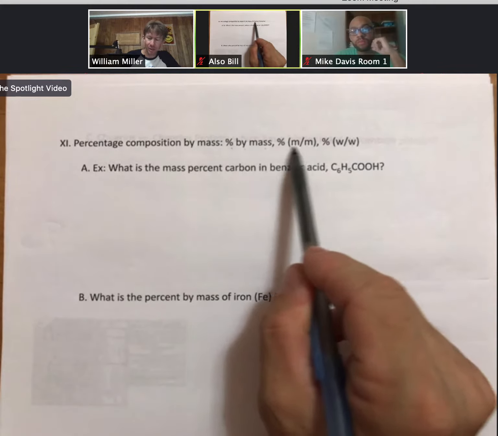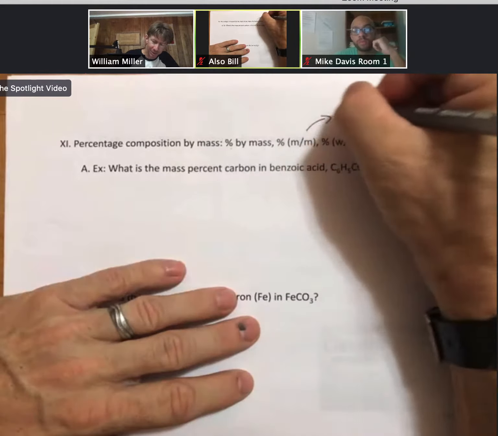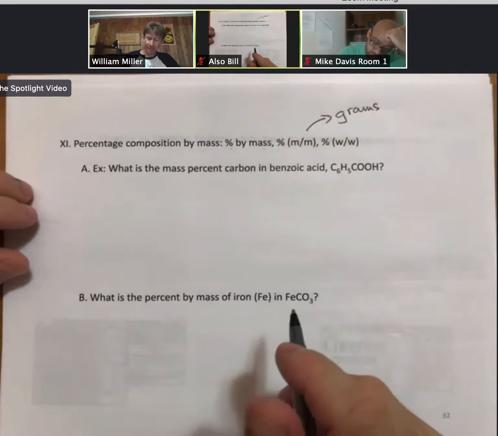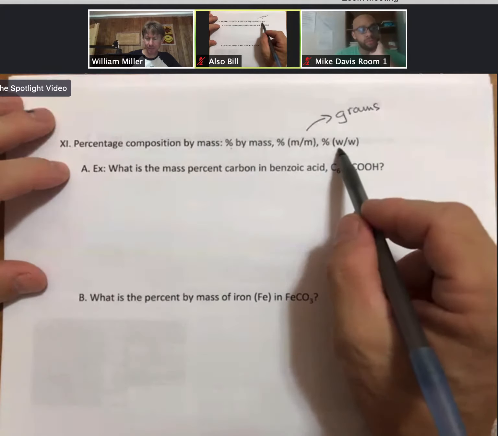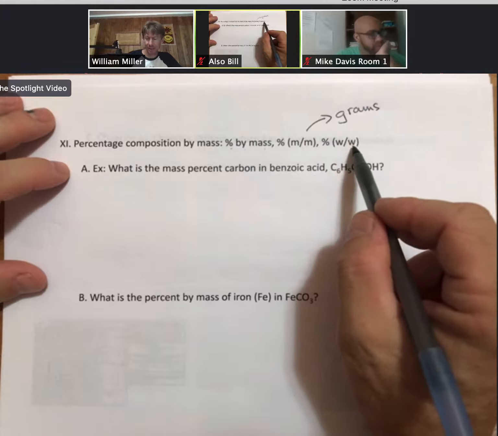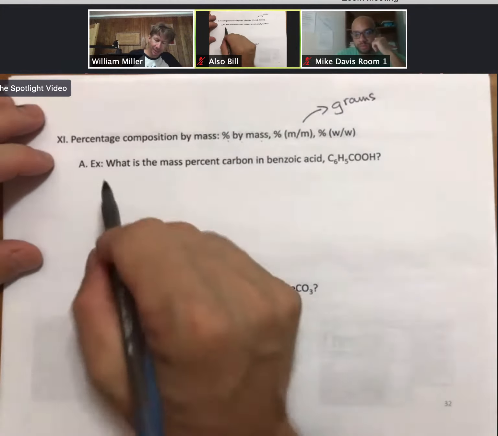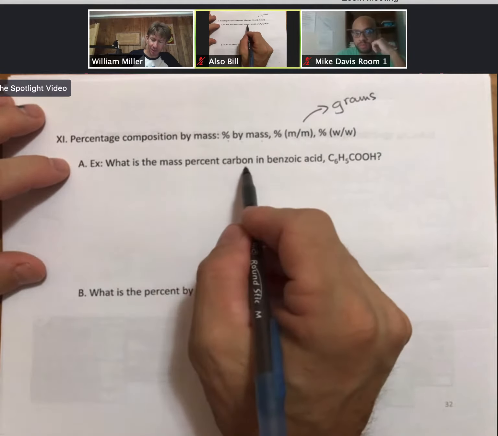Almost everything we do in this class is mass. The unit of mass is grams, so we've been using masses all along. But sometimes, especially in older things, you'll find W divided by W as well, and sometimes in the medical field as well. Now, the first question we want to tackle is, what is the mass percent carbon?